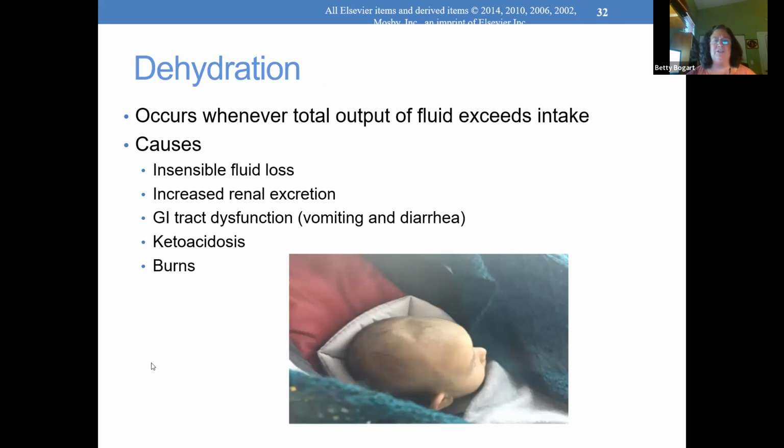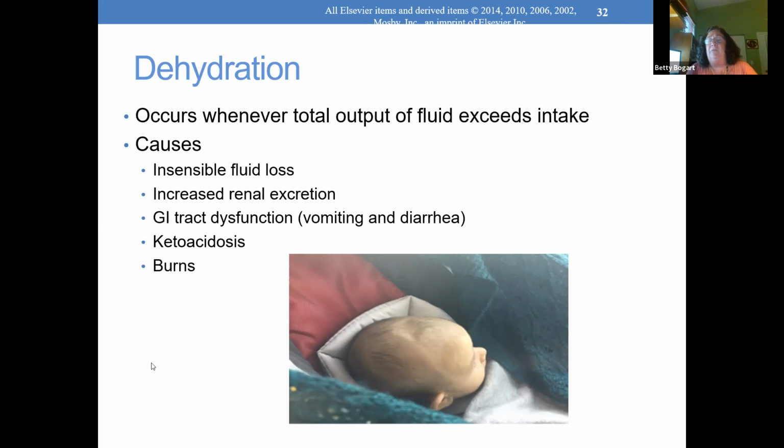Now, dehydration is the most concern when we talk about conditions with fluid balance. Children do not tolerate dehydration as adults, and it needs to be treated very seriously. Now, this is a great picture I found. If you look at that child, number one, you see that fontanelle sunken in, right?